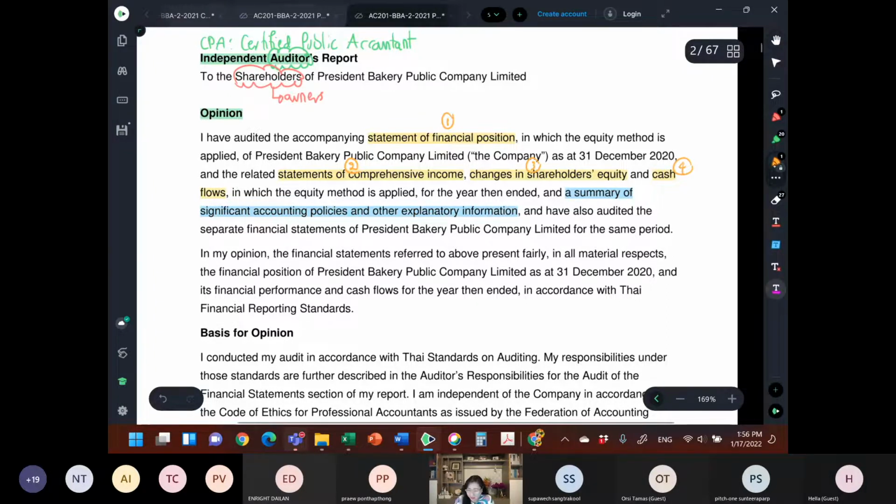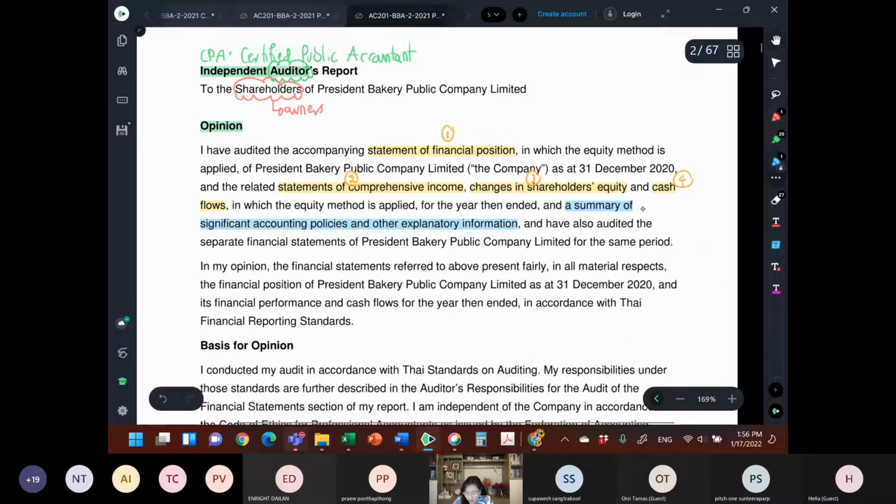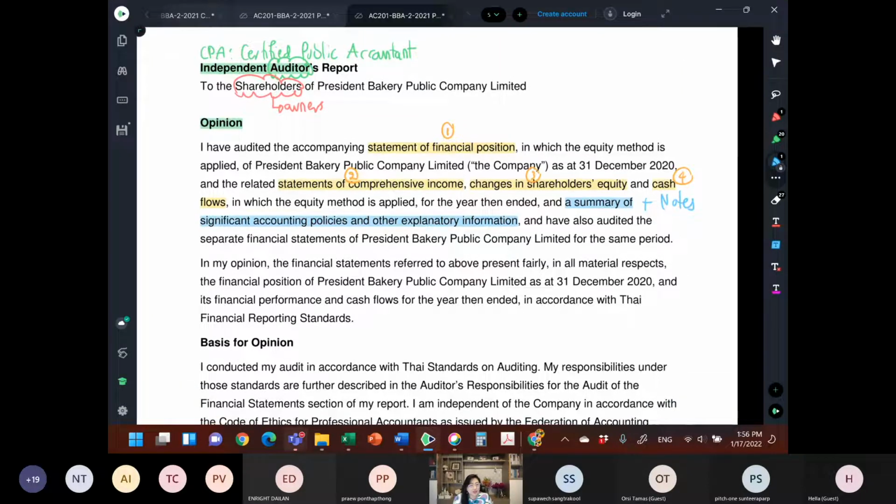So what are these? These are actually the notes to financial statements, which describe more detailed information for the users of the financial statements.